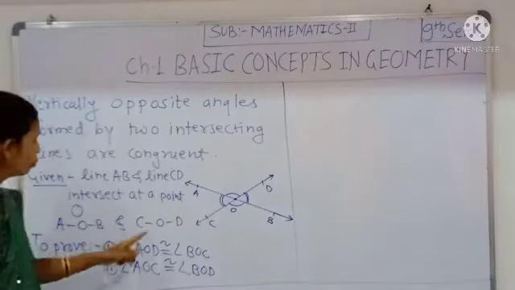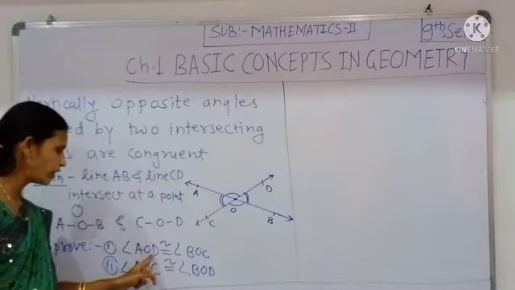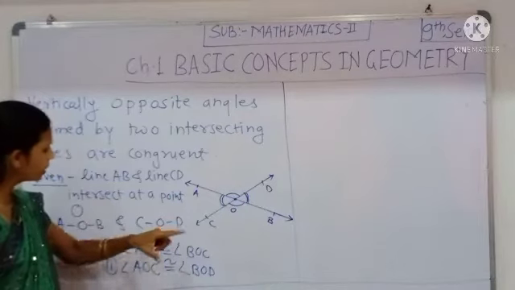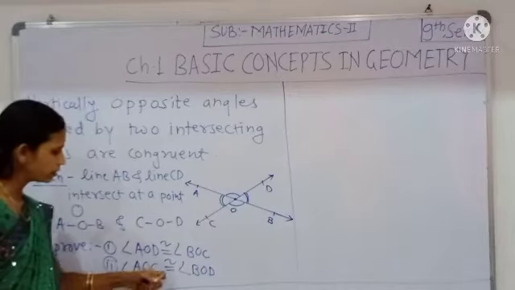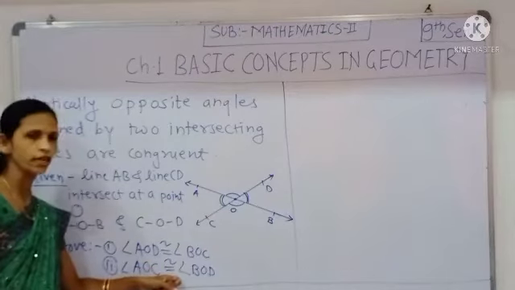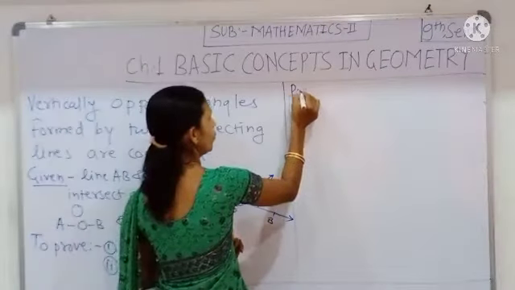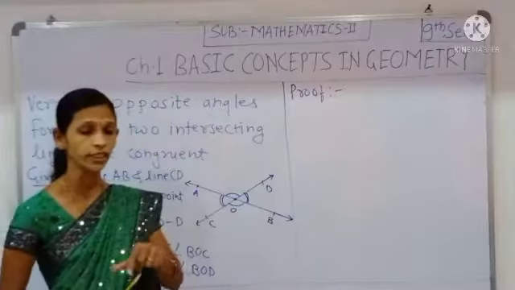We have to prove only one of the pairs of vertically opposite angles as congruent. Similarly, using the same method, we can prove the other pair of vertically opposite angles are congruent. Then we can give the proof on the basis of postulates.